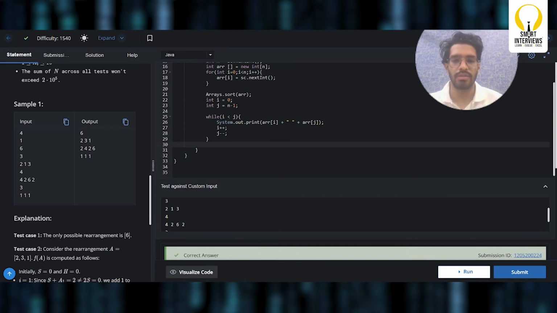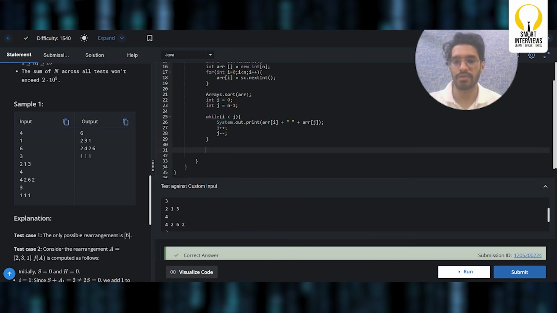So is there something that we might end up missing due to this while condition? If you see, if it was an even length array, we are fine. Sorry, when it was odd length array, when i is matching with j, we might miss printing the odd element out.